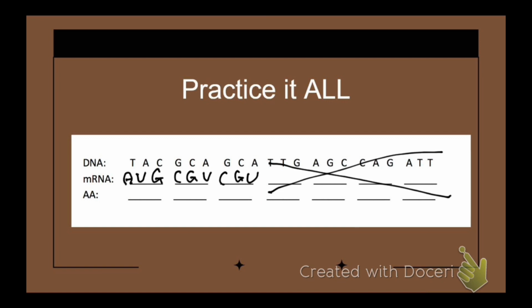So using your codon chart, what does AUG translate to? What amino acid does that make? What does CGU translate to? So you just really have two. Say the first one, Isaiah. He said Met for the first one.